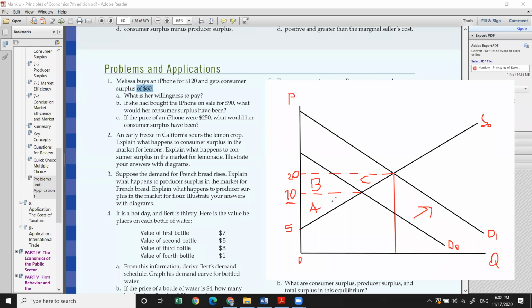So let me just summarize everything. A shift in the demand curve will lead to an increase in the price from 10 to 20, which will increase the producer surplus from A to ABC. So from 5. By how much did the producer surplus increase? It increased by ABC, but by how much?